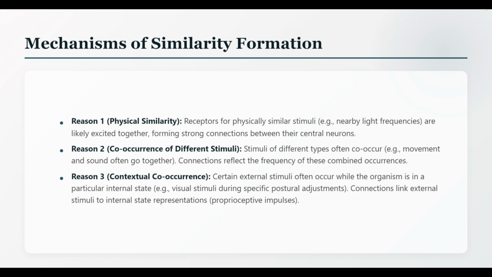Third, context matters. Maybe certain visual patterns always appear when you're leaning forward, or certain smells always occur when you're hungry. The neurons processing the visual pattern or smell will then get linked to the neurons representing your posture or hunger state. It's all about statistical regularities in the input stream.